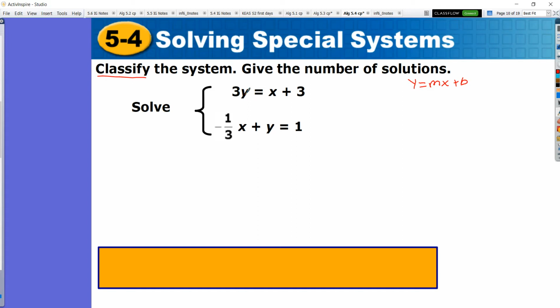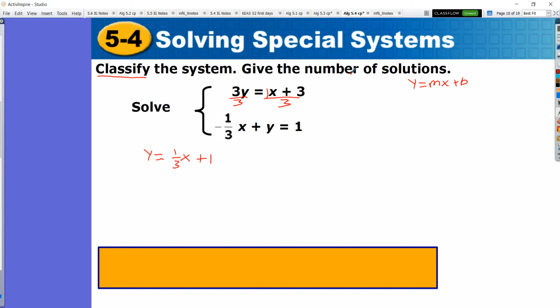I have to get y by itself, so I simply divide by 3, divide by 3. This is the same as an imaginary 1 right there. So this one would come out to y equals 1/3 x plus 1, 3 divided by 3.